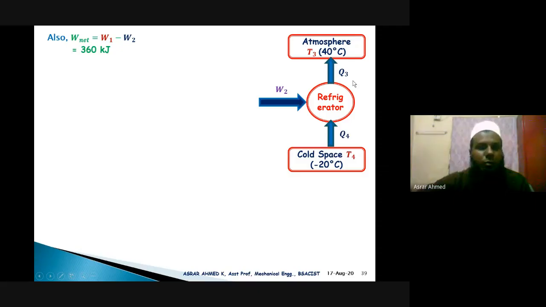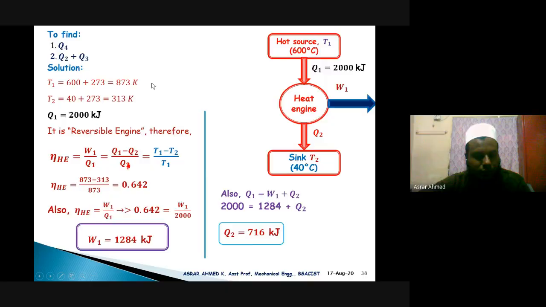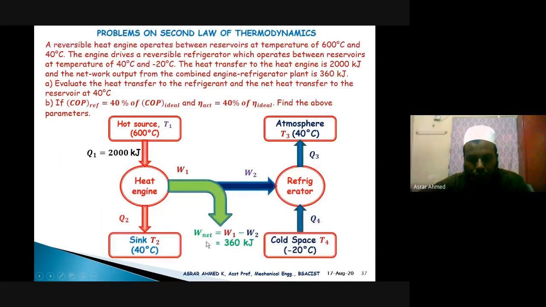In the problem, we already know the net work output. If you go back to this slide, W net equals W1 minus W2. W1 is the total work, W2 is the expense, and W net is the balance remaining.